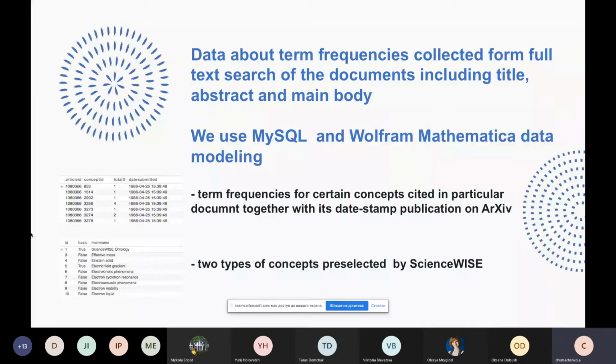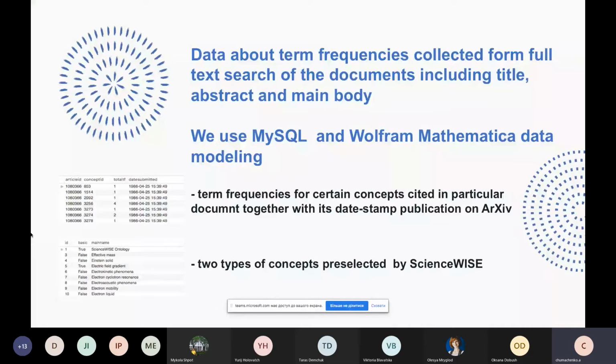Certain concepts were set as basic by the scientists on the ScienceWise web portal. They said that this particular concept explains some general ideas in physics. For example, electric field gradient is also set as an example of a basic concept.